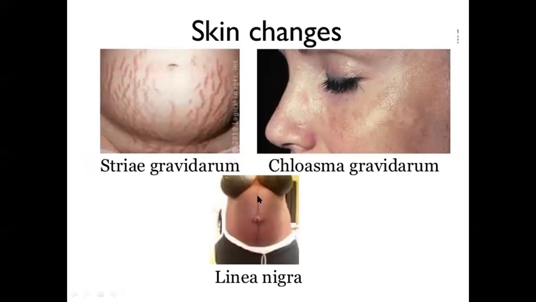This is the linea nigra, the line that runs from the navel to the pubic bones. And this one is called striae gravidarum. It is the stretch marks often present during pregnancy.